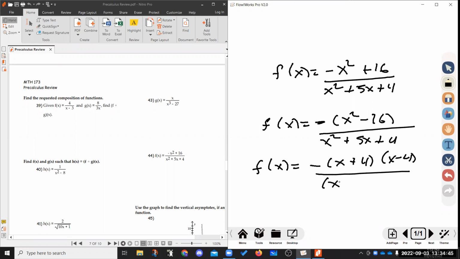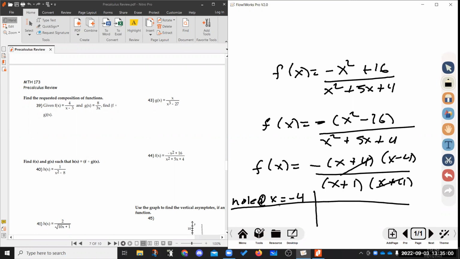And this is x plus 1 times x plus 4. Ooh, look at that. There's a hole at x equals -4. We'll come back to that in just a second. It didn't ask us about it, but we'll talk about that in a second. We've got vertical asymptotes at x equals -1.